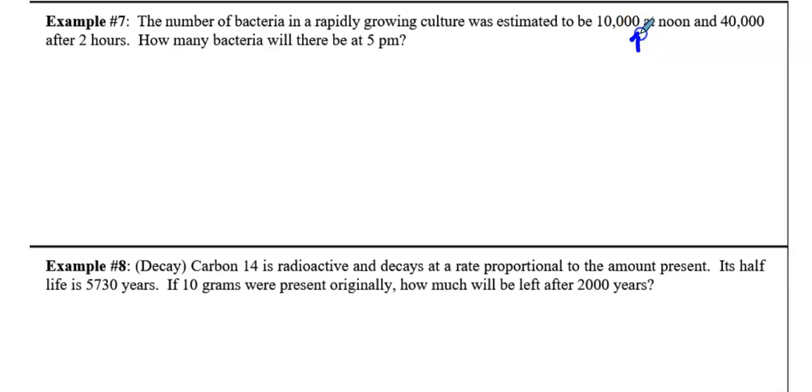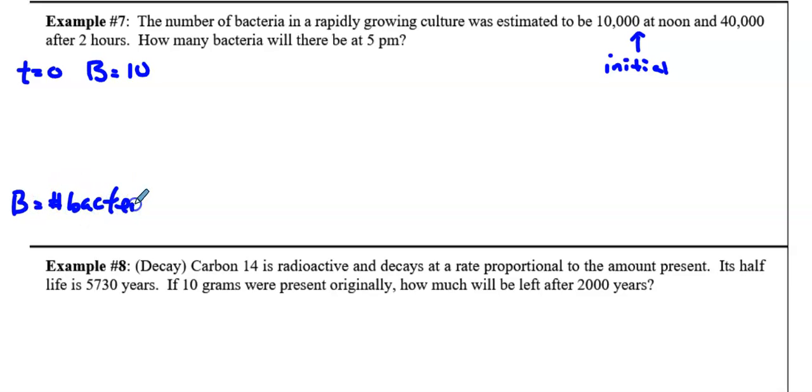So we're going to be given that this is our initial condition. Initially we have 10,000 bacteria. So at time equals 0, B is going to represent the number of bacteria, and it's going to be represented in thousands, because I don't want big numbers when I'm doing my problem.